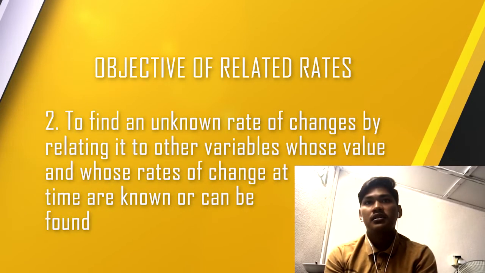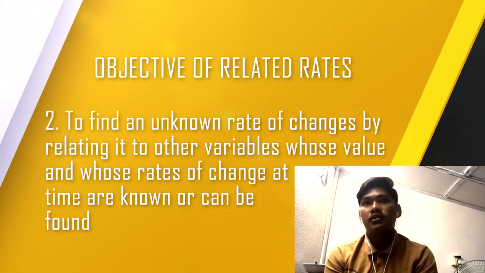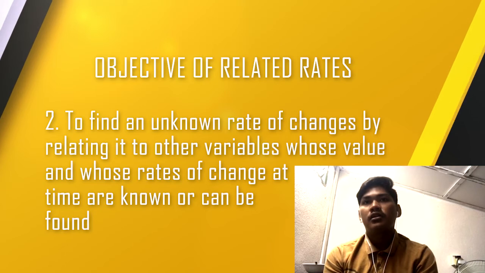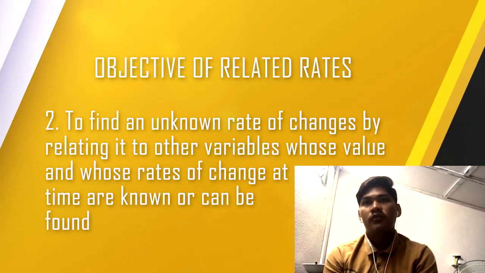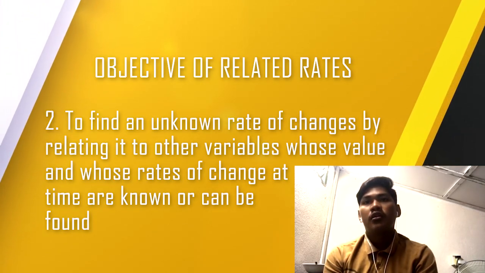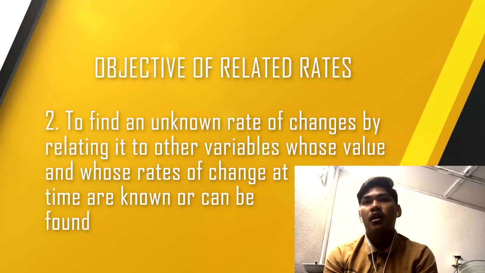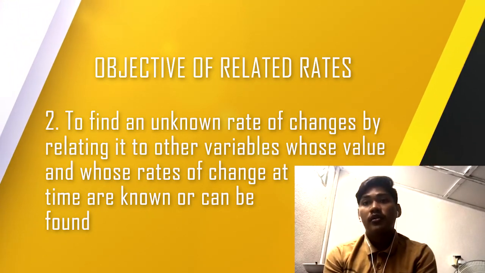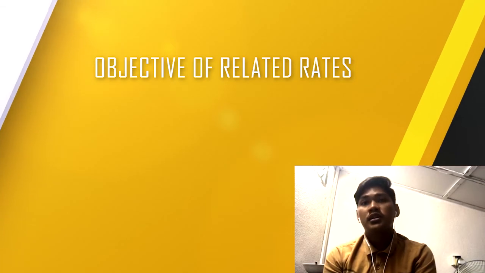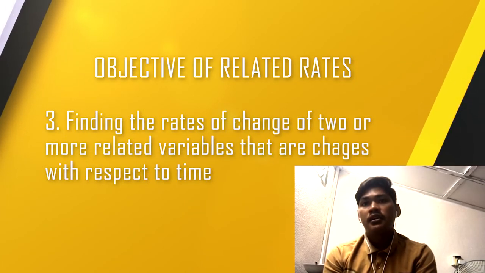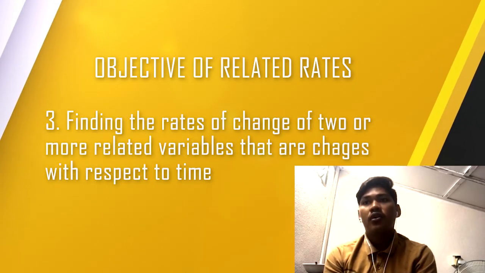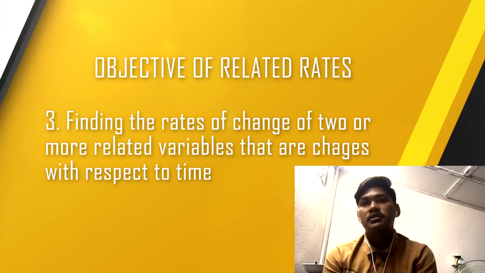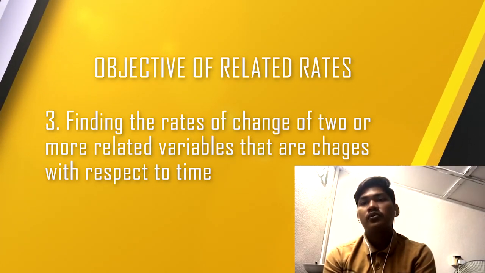The next one is to find an unknown rate of change by relating it to other variables whose value or whose rate of change at the time is known, or can be found. The last one is finding the rate of change of two or more related variables that are changing with respect to time.